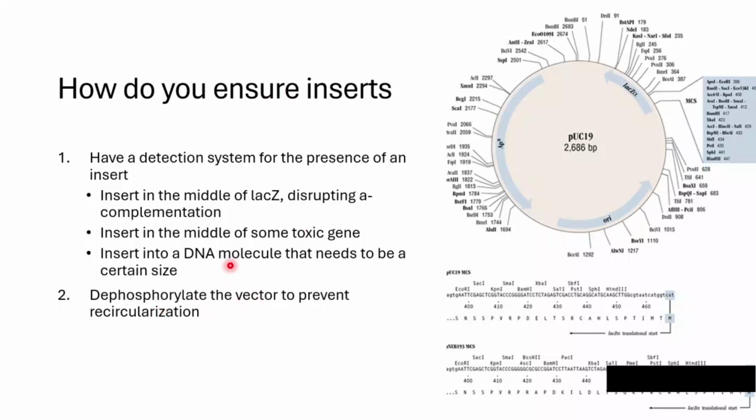So you have your circular plasmid, you cut it, then you have phosphate groups at the end of both sides. What you do is you dephosphorylate one of the sides and you allow the other one to stay there. And when you're about to do the insert, the one that has the phosphate group will allow the reaction to ligate both DNA strands, the plasmid and the insert.